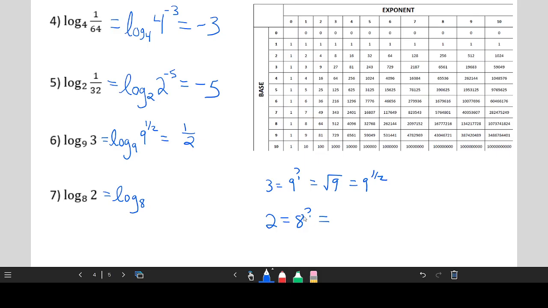So if you think about how these are related in terms of a radical of some sort, the cube root of 8 is 2. And cube root of 8 is 8 to the 1/3. So 2 is equal to 8 to the 1/3. And so this expression is just equal to 1/3.